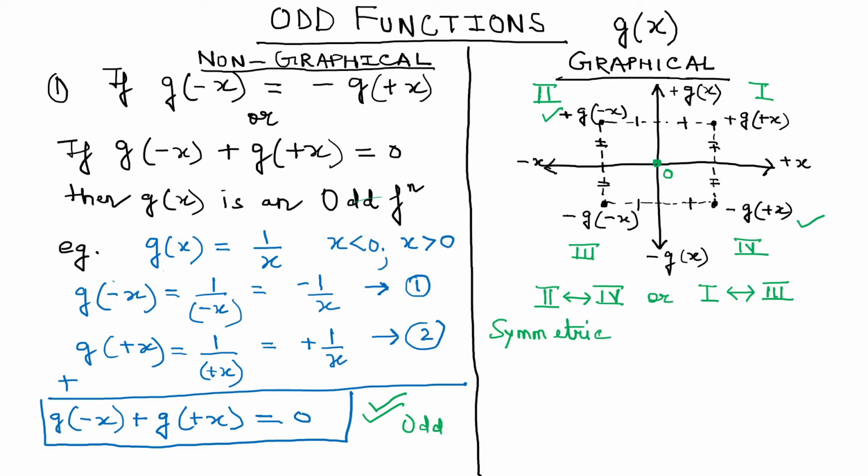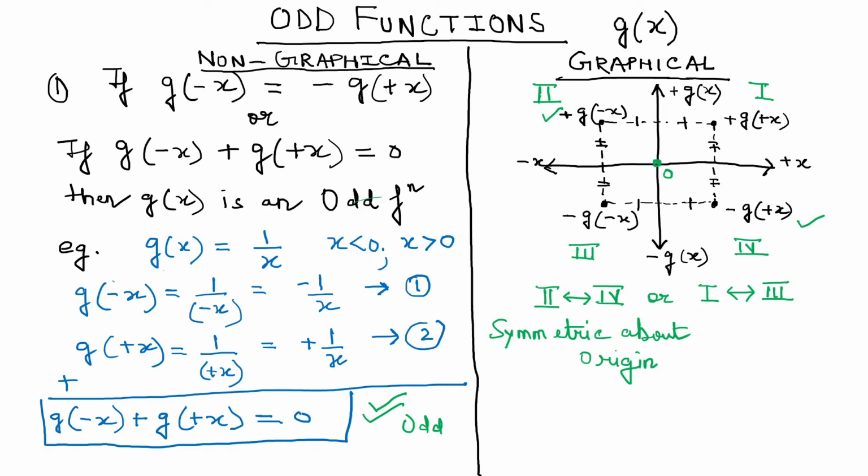So if there is a function which is symmetric about origin, then, on a lighter note, when you see the axes, you see them in the form of a plus sign, but see it diagonally. When you view the axes diagonally, you see them from the perspective of a multiplication sign.